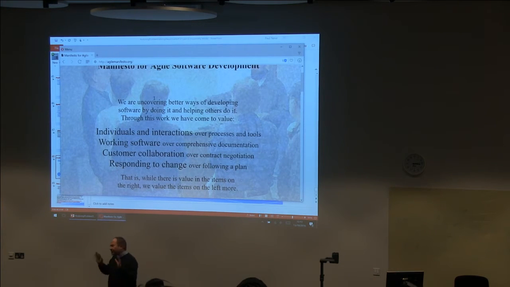DSDM stipulates about, I can't remember, about a dozen, maybe more, discrete roles. It essentially assumes a development team, a project management team. Scrum, to some extent, does too.